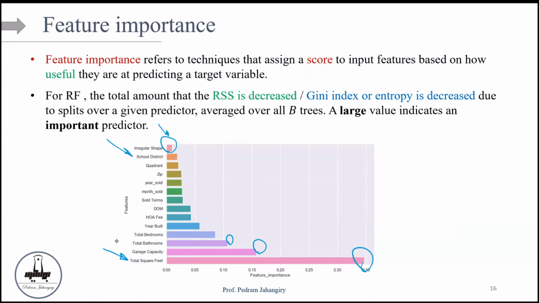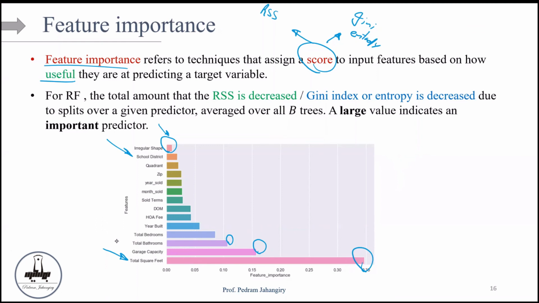Now let's see how random forest is able to rank these features. Feature importance refers to a technique that assigns a score to input features based on how useful they are. So let's see what we mean by score and how useful they are. If it is regression, the score is basically our RSS. If it is classification, we can look at Gini or entropy, the impurity index.